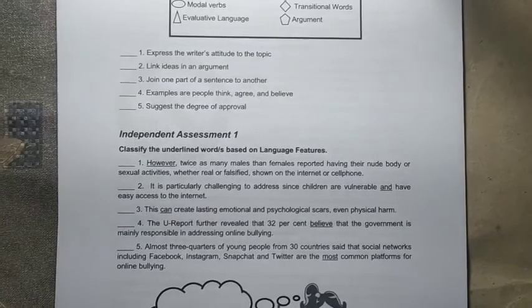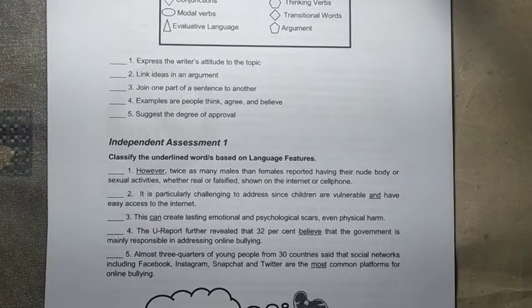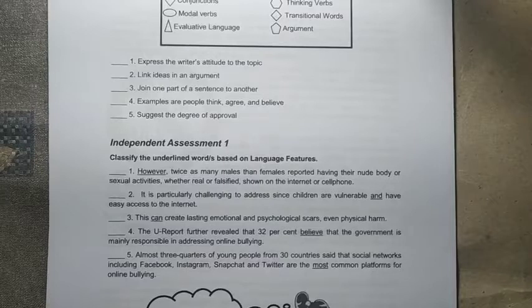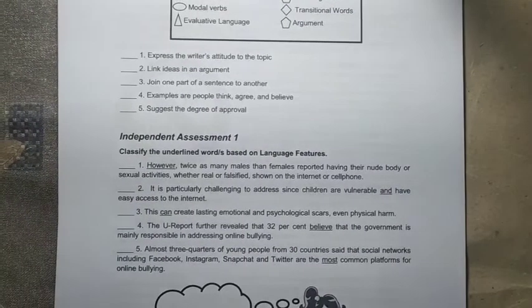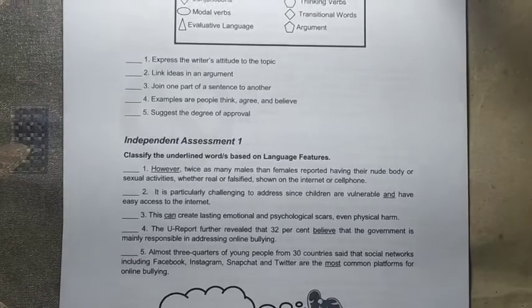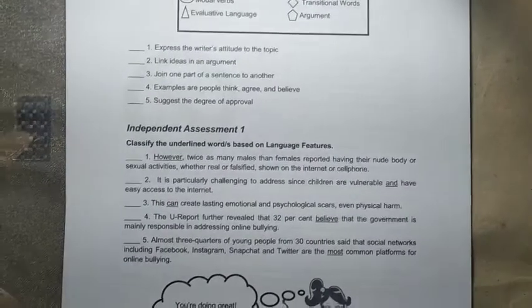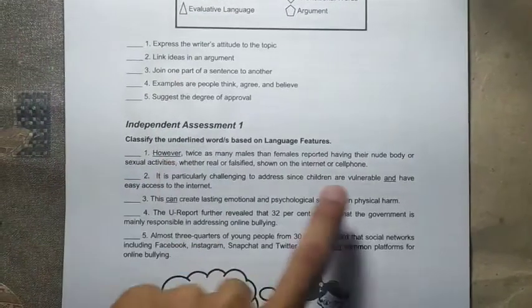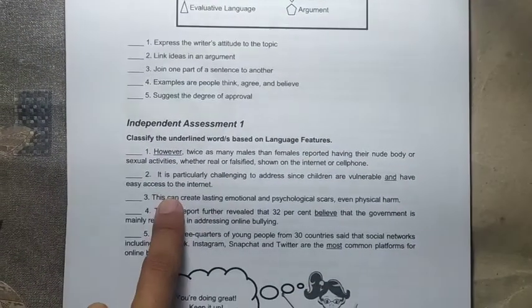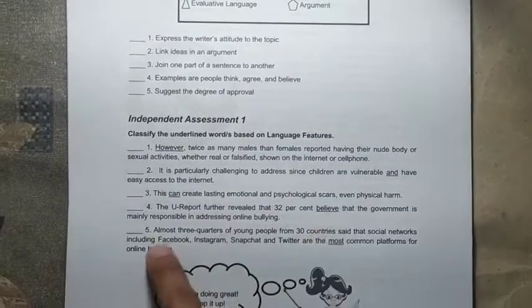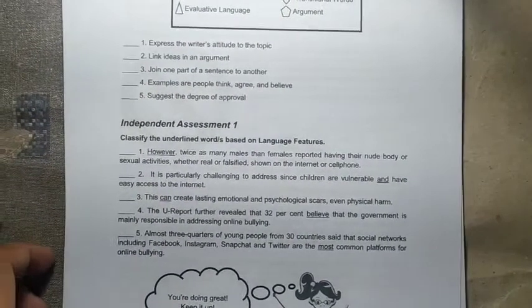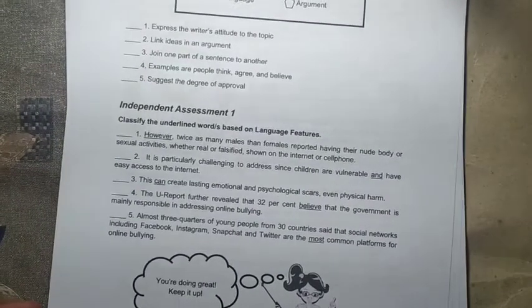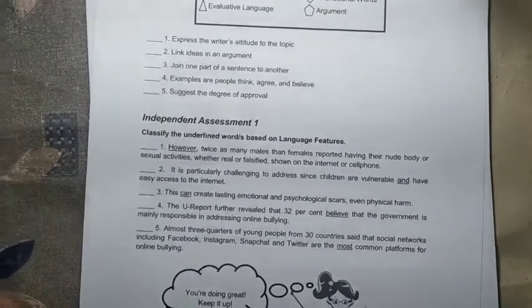Again, your answers can be conjunctions, transitional devices or transitional words, modal verbs, evaluative language, or thinking verbs. So you will look for the underlined words. Number 1, however. Number 2, and. Number 3, can. Number 4, believe. Number 5, most. Based on the example given on page number 7, you can easily identify what's the feature being used in each item.